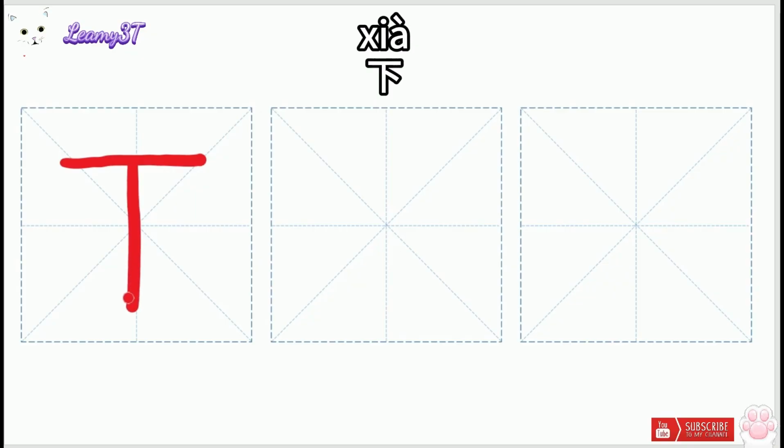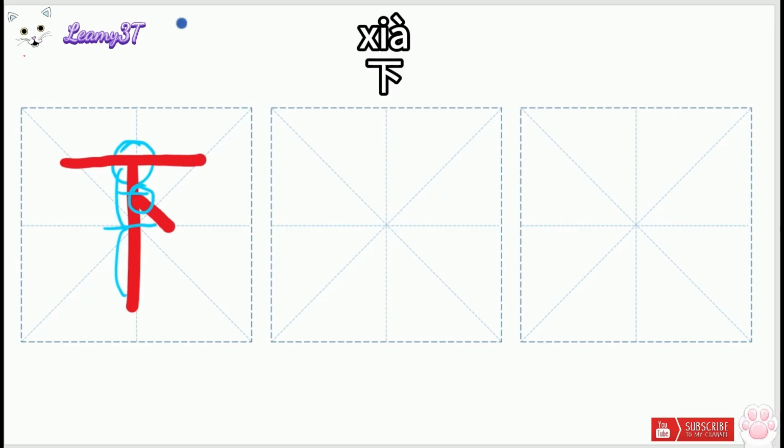Make sure shu is centered below heng. The last stroke is diǎn. Connect it with shu, a little bit above the middle of the shu. So now let's try it together.